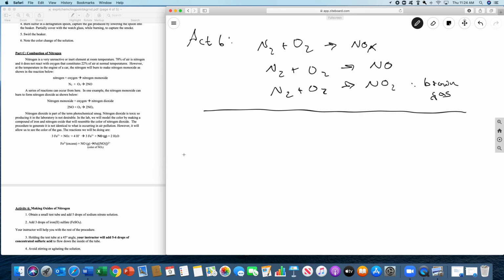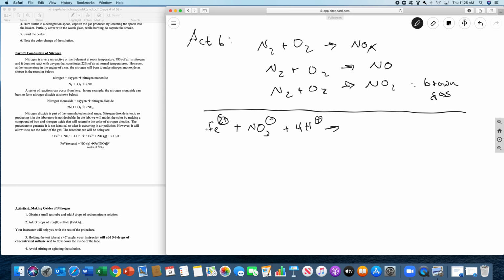and I'm going to do this reaction over here. I'm going to take basically the iron 3 ion, the iron 2 ion plus nitrate ion. And then I'm going to drip some acid in there. This is the reaction. You can see it actually over there.